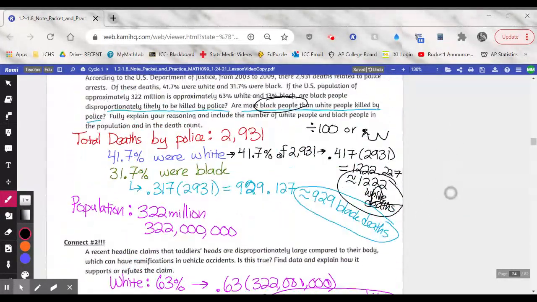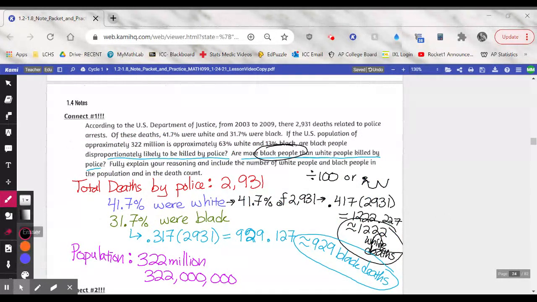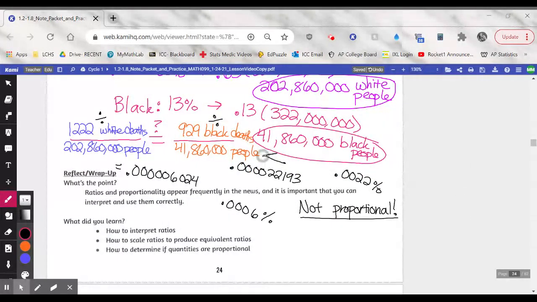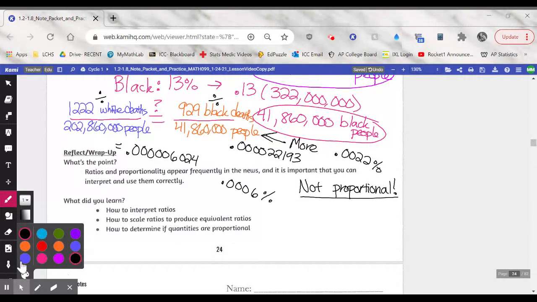In terms, so like when we look at our individual numbers, we have more white deaths, but when we look at our proportions as a percent, we have more for the Black deaths. All right, this is not part of the problem, but if you wanted to look at overall, how many more times likely is it?